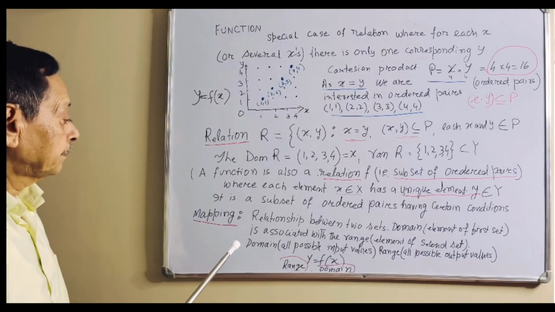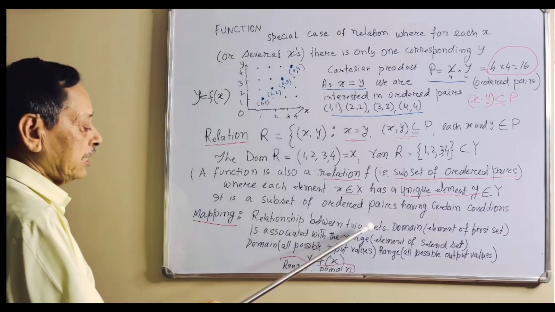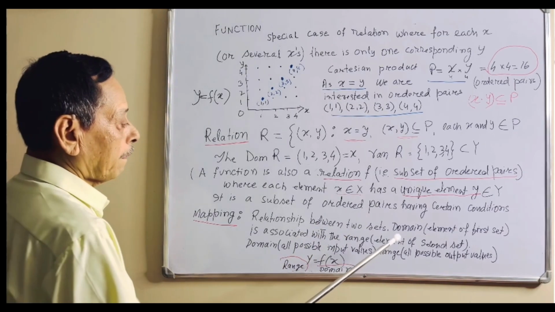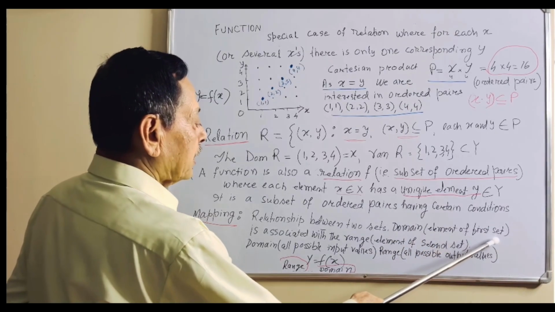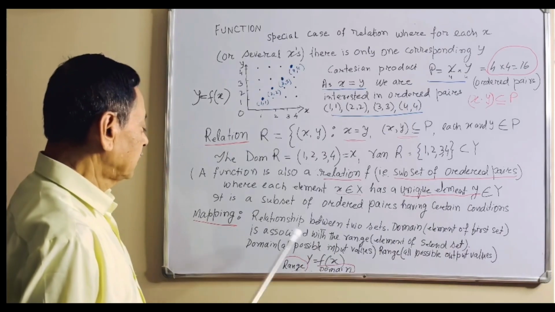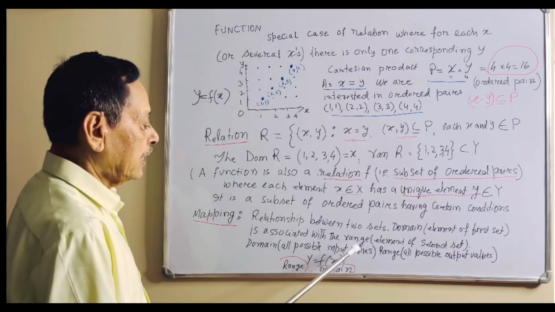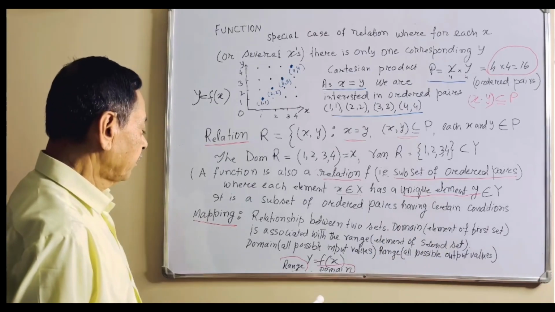Now mapping is nothing but a relationship between sets. The element of the first set is called the domain, and it is associated with the range, the element of the second set.